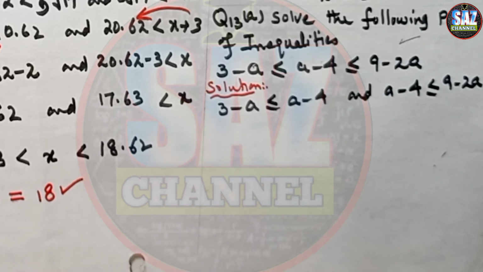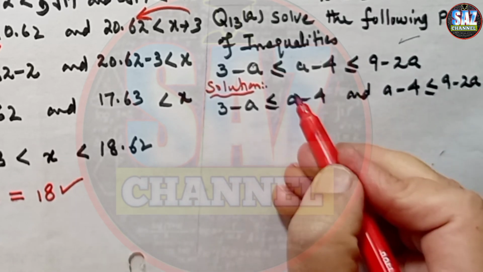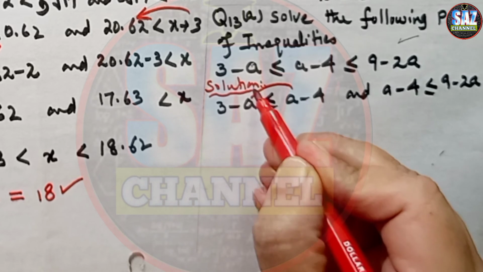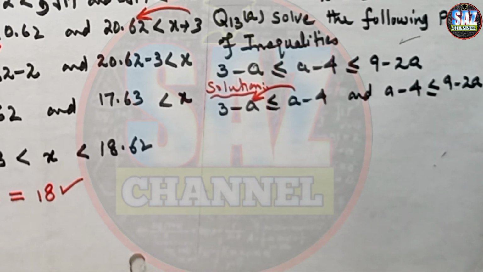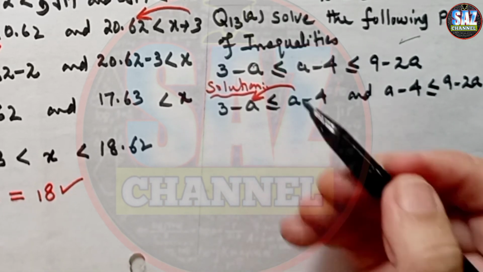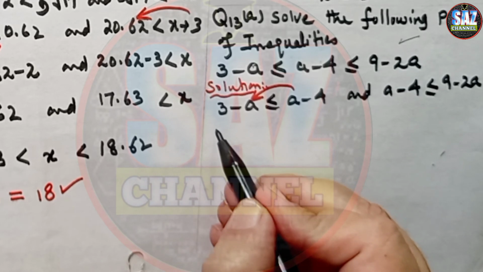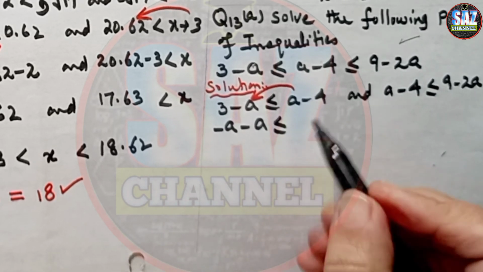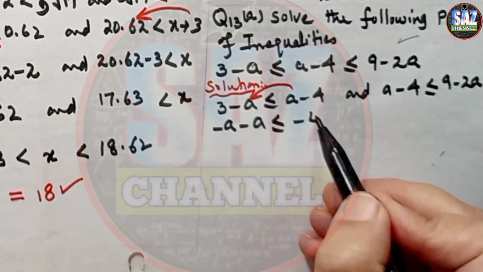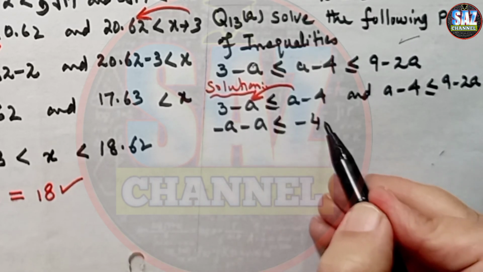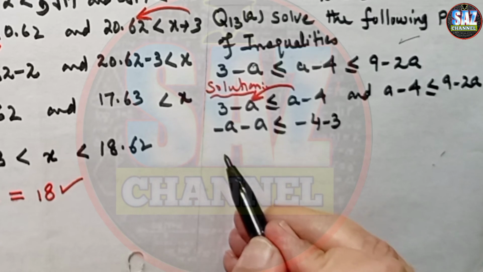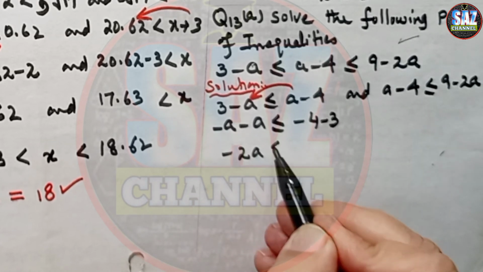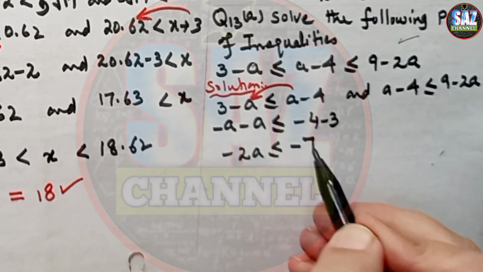If we look at the question, we can see the letter that we want to make the subject of formula is on both sides. So shift it preferably to the left hand side. Minus a minus a is less than or equal to minus 4 minus 3. Minus 2a is less than or equal to minus 7.